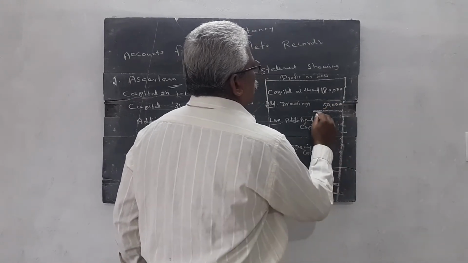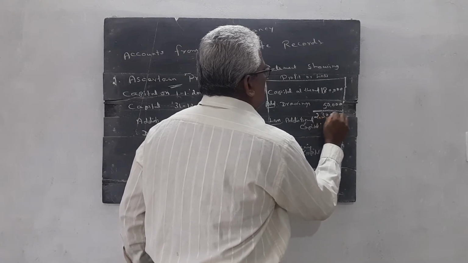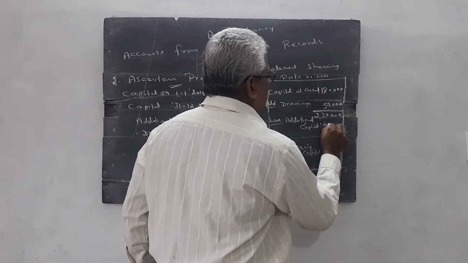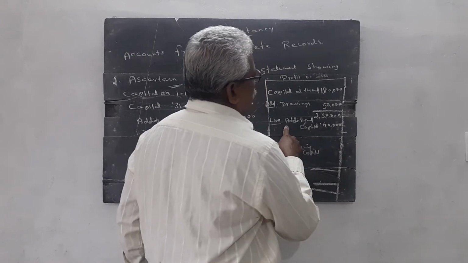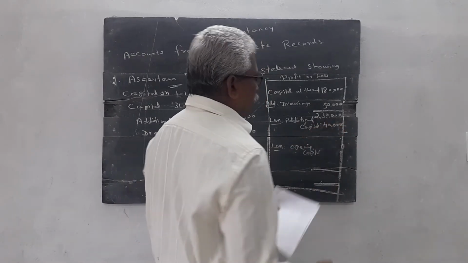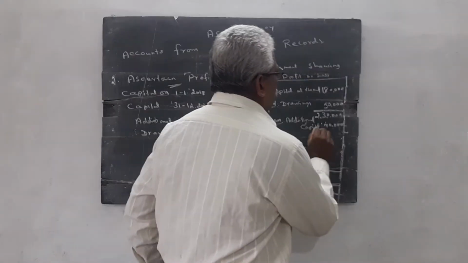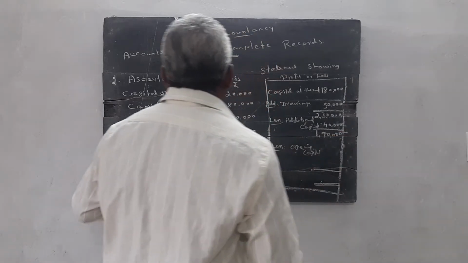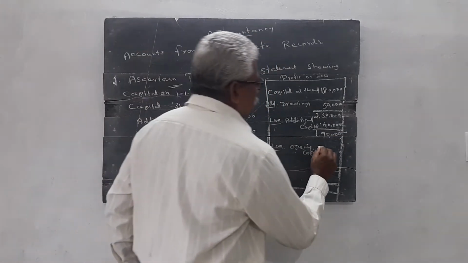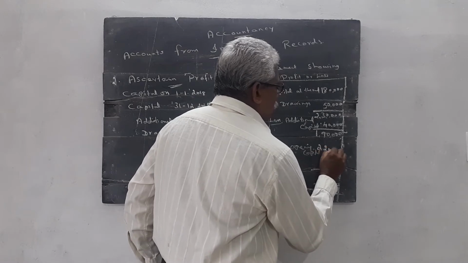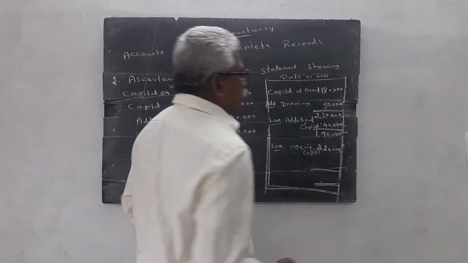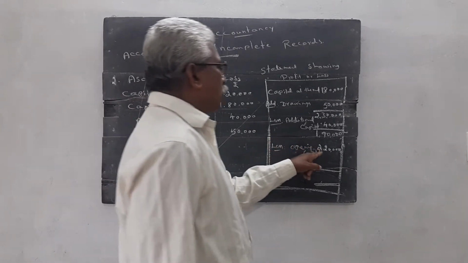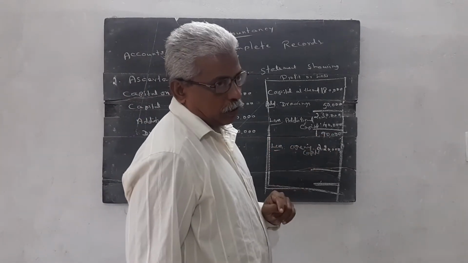So, 2,30,000. Less additional capital, 40,000. 2,30,000 minus 40,000 is equal to 1,90,000. Then opening capital, 2,20,000. In this question, we are not able to subtract 2,20,000 from 1,90,000.